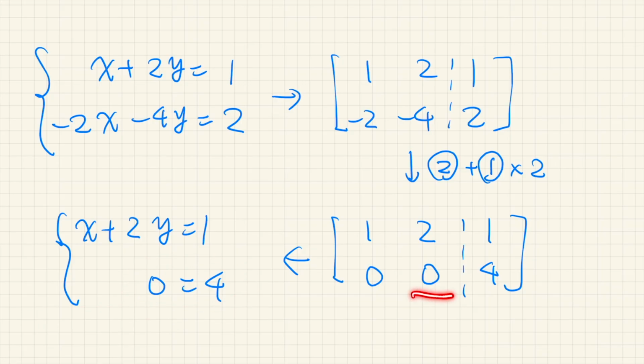We have 0 equals 4, which is a contradiction. So there cannot be any solution for these equations. So for a given set of linear equations, we may have solutions. If we have solutions, the degree of freedom may be 0, 1, or even more. Or we may not have any solution.